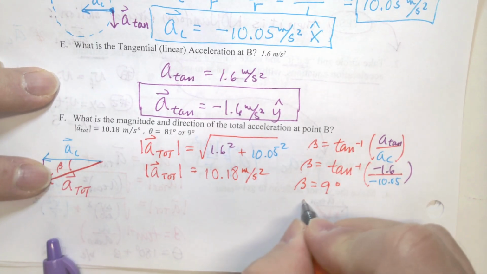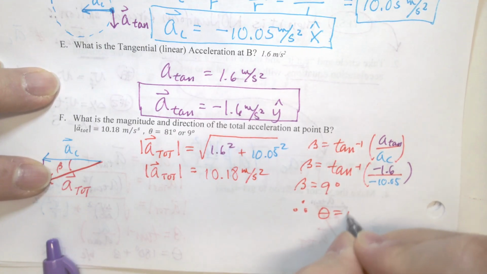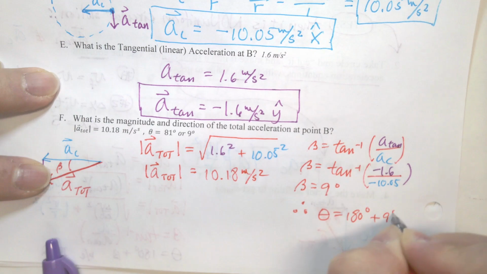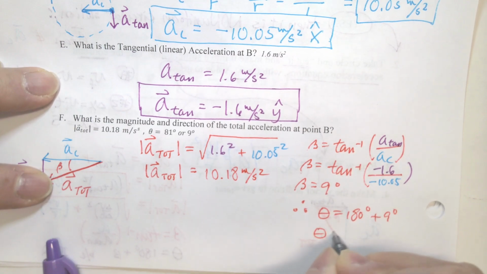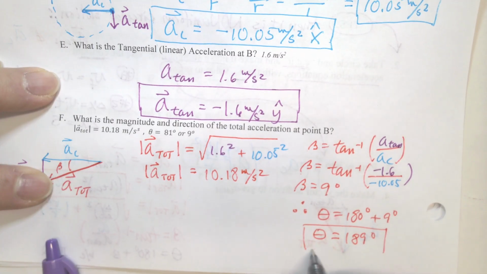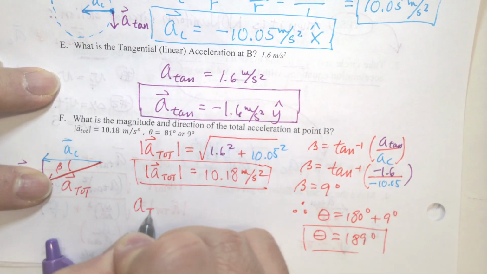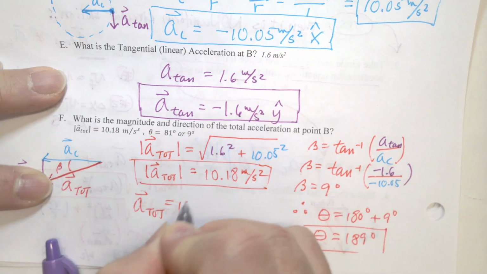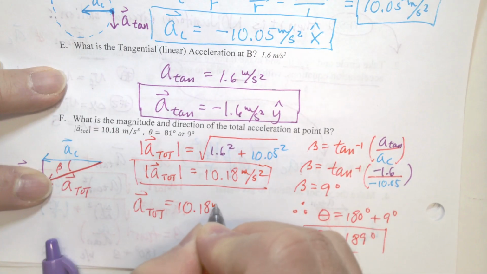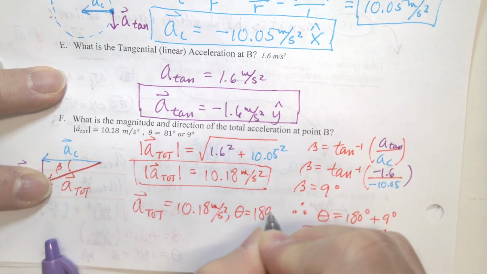Therefore, because it's in the third quadrant, your theta is 180 plus 9 degrees, so theta is equal to 189 degrees. That is the direction. This is the magnitude. So your A total is equal to 10.18 meters per second squared, theta is equal to 189 degrees.